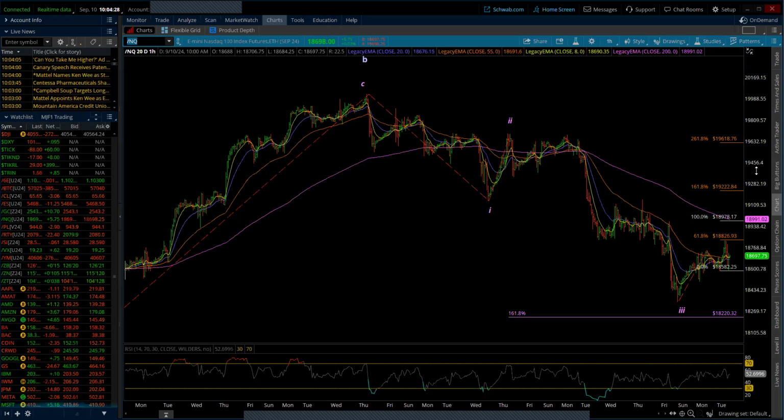One builds up to the next degree, the next degree, and the next degree, until finally you're at the top line, which is grand supercycle. Now, you can continue to break this down, understanding that they are building blocks. So when you get 5 down, 3 up, you know that you're most likely going to get an additional 5 down.